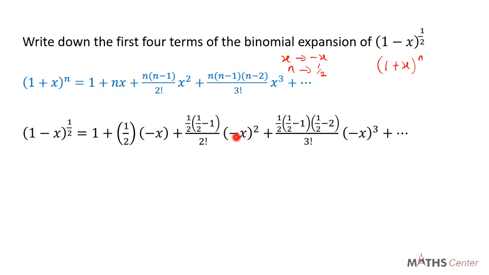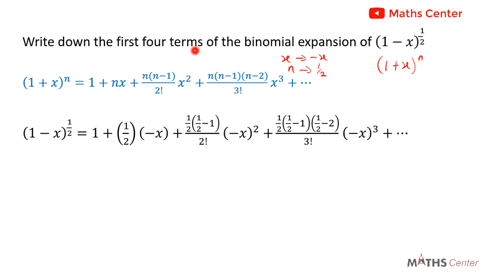X is negative x, so negative x squared, then plus half times (half minus 1) times (half minus 2) divided by 3 factorial. X is negative x, so negative x cubed.